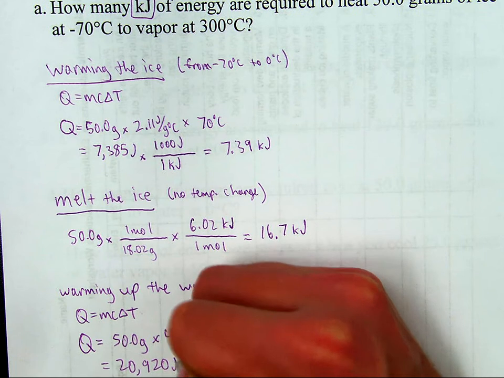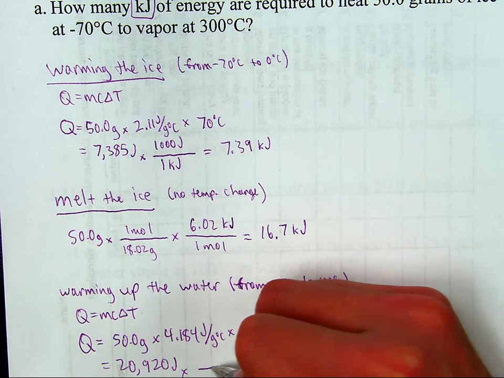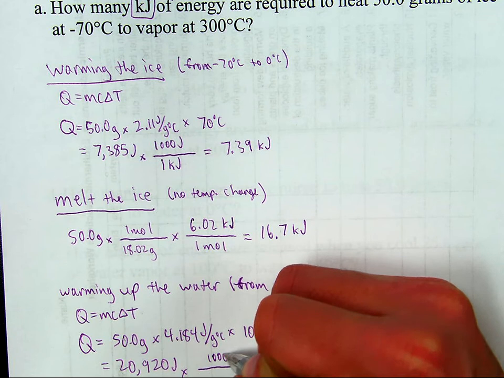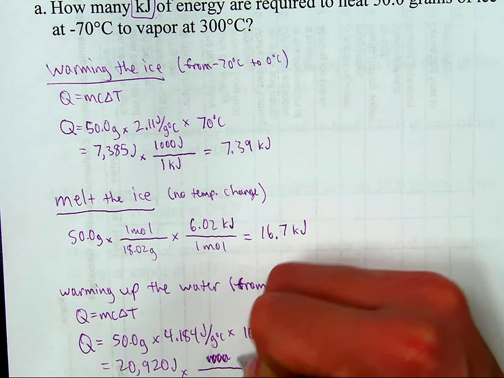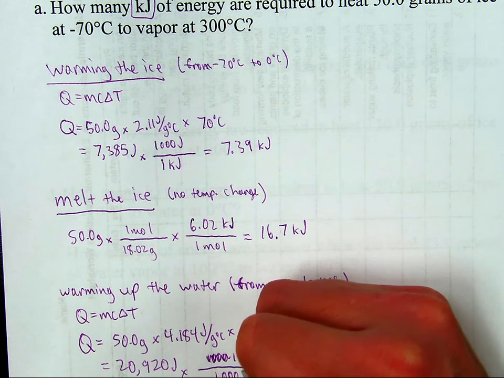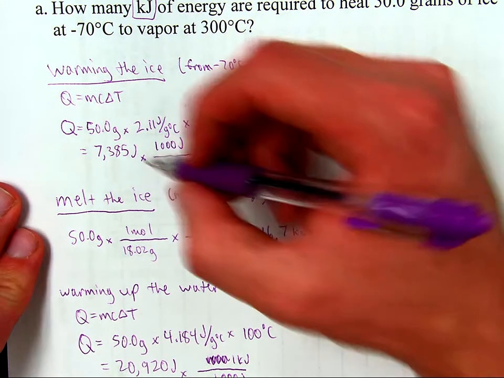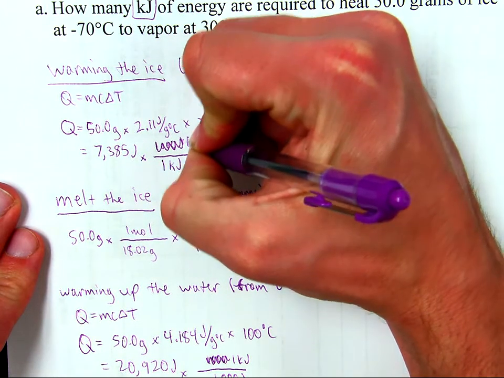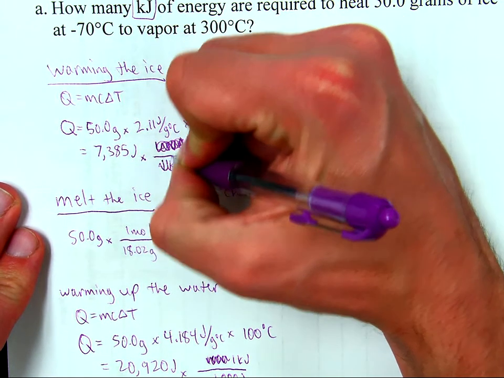20,920 joules. But again, since we're trying to get kilojoules for the final answer, I need to convert that. Where 1 kilojoule is 1,000 joules. And I just noticed, silly me, that I made a mistake up here on this one. 1 kilojoule is 1,000 joules.